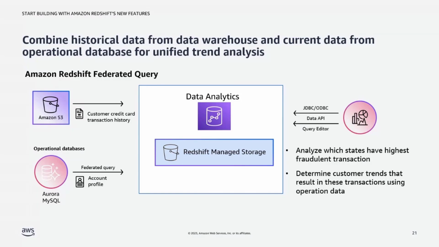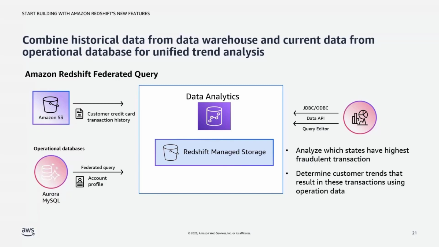In this example, as an end user, we want to identify which states have the highest fraudulent transactions, but also dive a little bit deeper by joining to the operational data, which provides you that live data to identify what are the trends causing those transactions to be fraudulent.